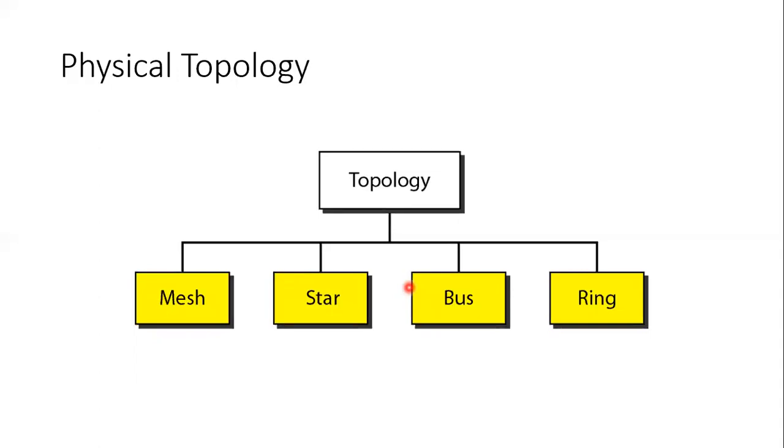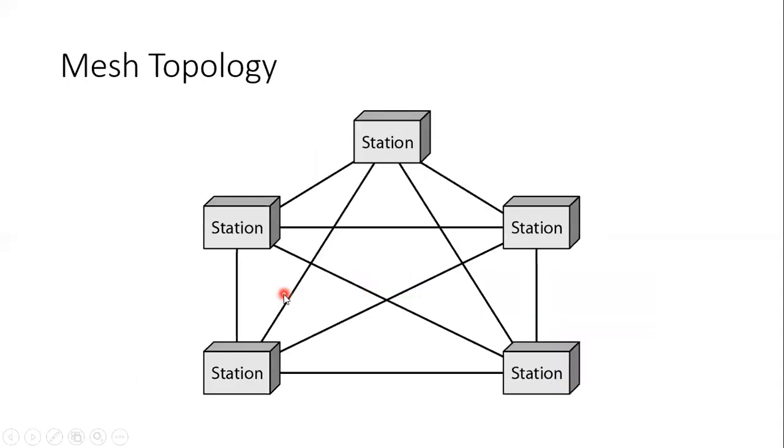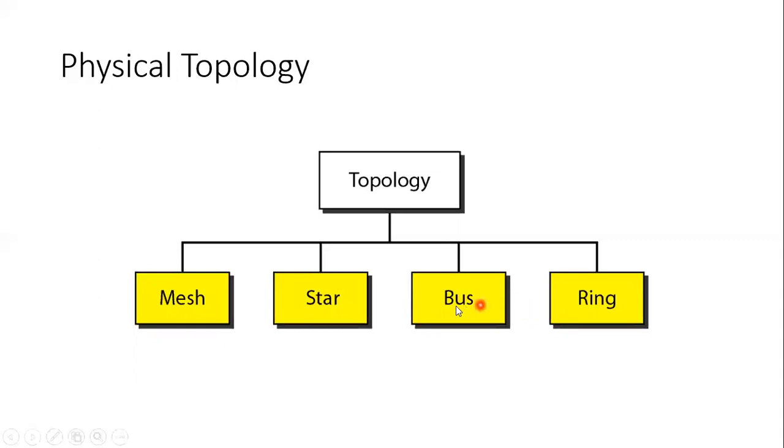Two or more links form a topology. So there are various topologies. They are mesh topology, star topology, bus topology, ring topology, and then hybrid topology. The hybrid topology may be a combination of mesh and star, or star and bus, or star and ring, etc.